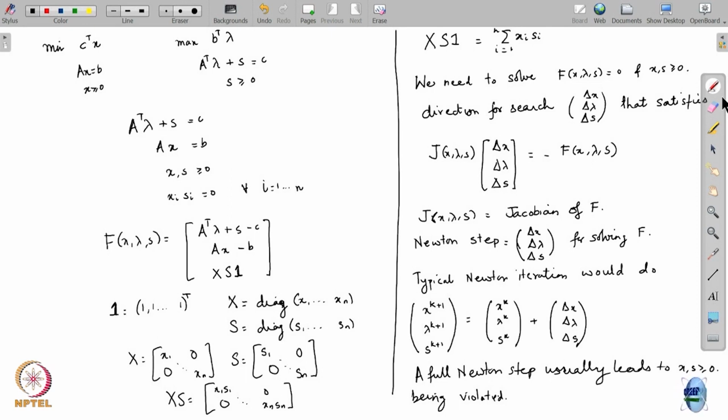So, the idea is to take inspiration from the Newton method, but not go whole hog into the Newton method, because we are not really solving nonlinear equations in the most basic form. This is a much more specific and structured problem, and we are developing our own way of solving that particular problem. Okay. All right.